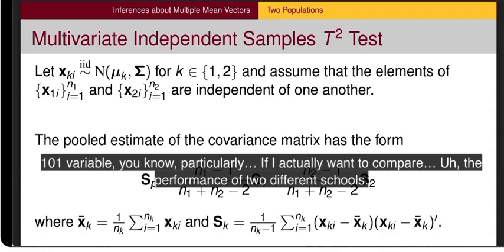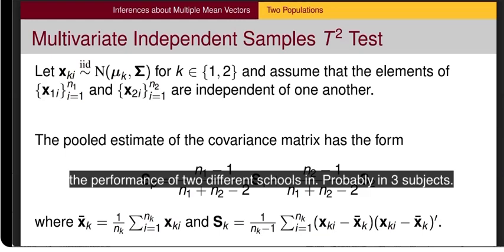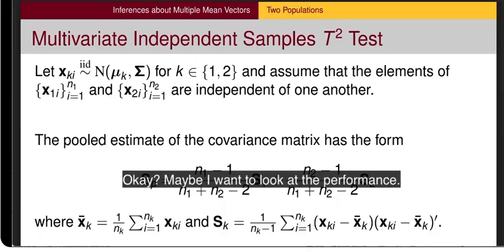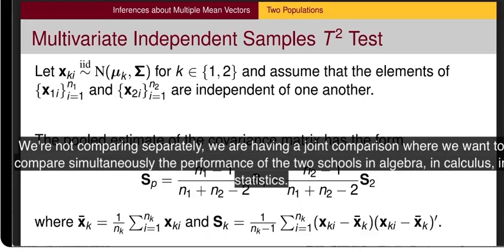Particularly if I want to compare the performance of two different schools in, probably, three subjects, the three subjects are what make it multivariate. We're not comparing separately.